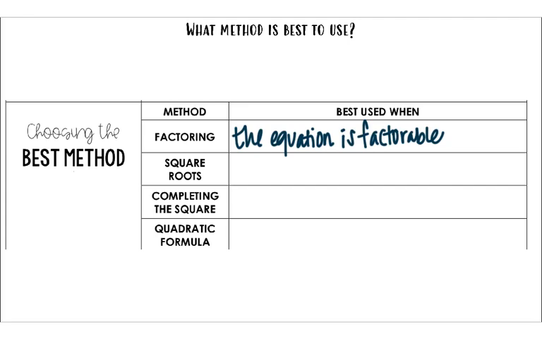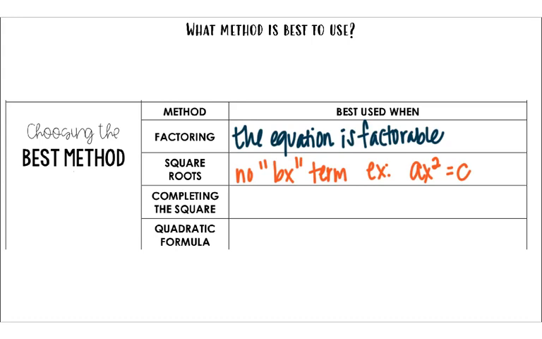The next method, the square roots method, works best when there is no bx term. So your equation is going to look like, for example, ax squared equals c. So you're not going to see anything being multiplied times x. When you have that, it's really quick to just use the square root method and get your solution.